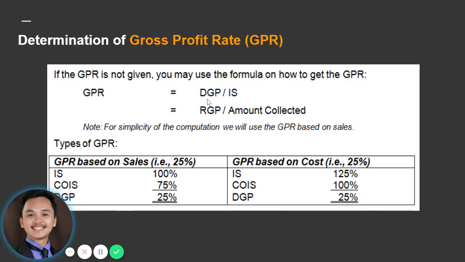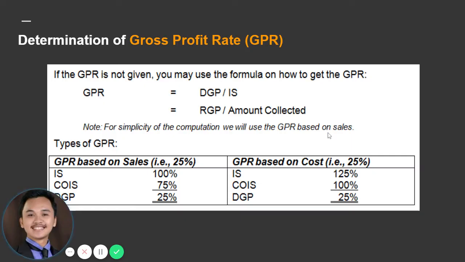So if this standard formula of computing GPR is not applicable, then we can resort to the alternative formula, which is realized gross profit over amount collected. But for simplicity of computation, we will use here gross profit rates based on sales.